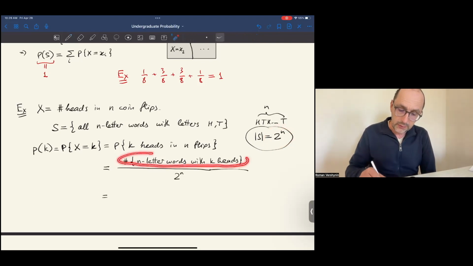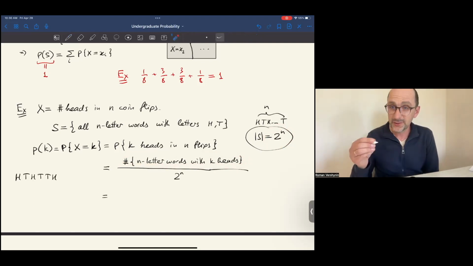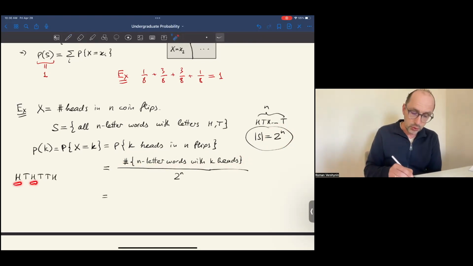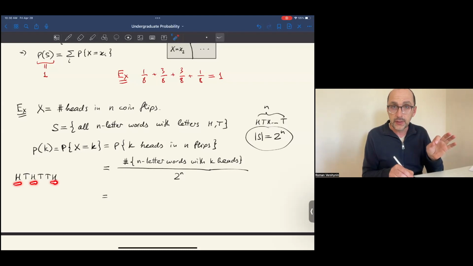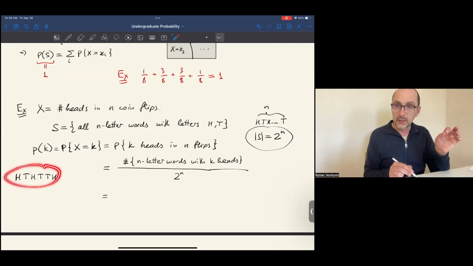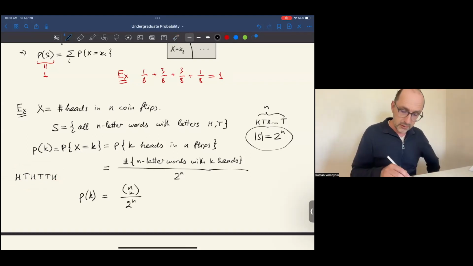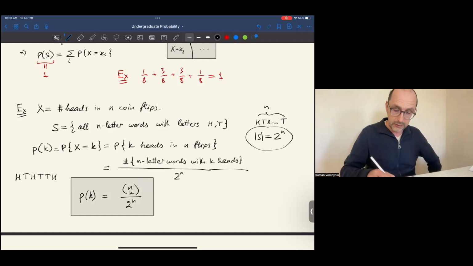Now, how many words are there with n letters, of which k are heads? To describe such a word, we just need to choose which letters are the heads. The other letters will automatically be tails. And how many ways are there to choose k positions out of n positions? There are n, choose k. So we computed the probability mass function for the number of heads in n coin flips.